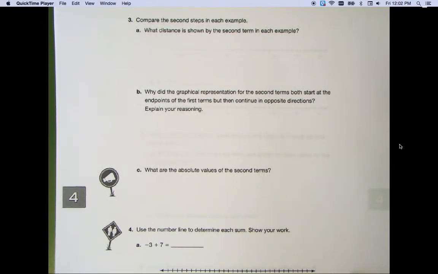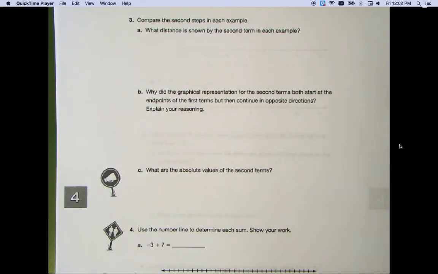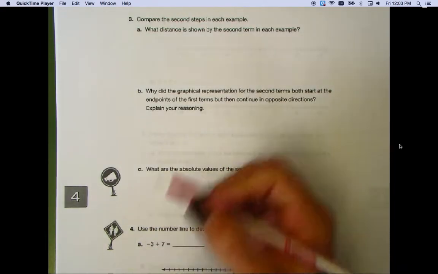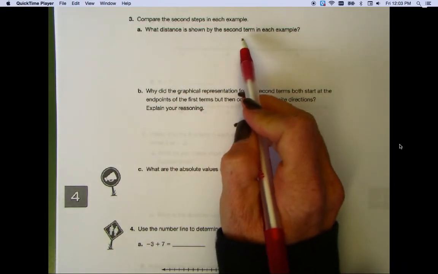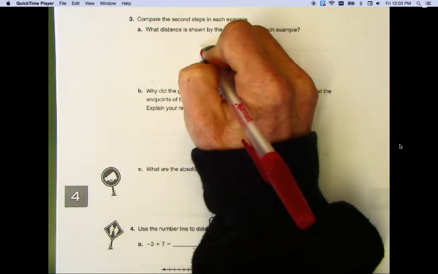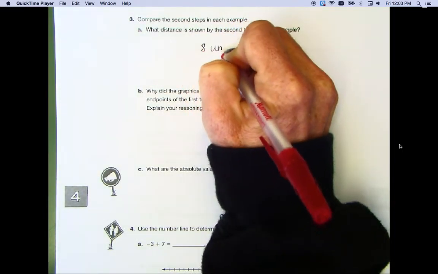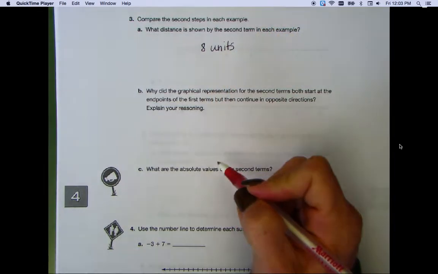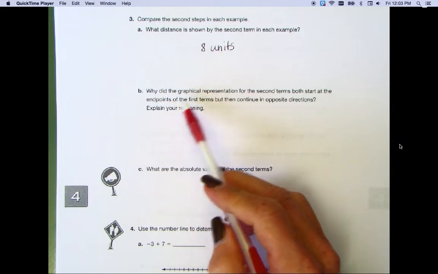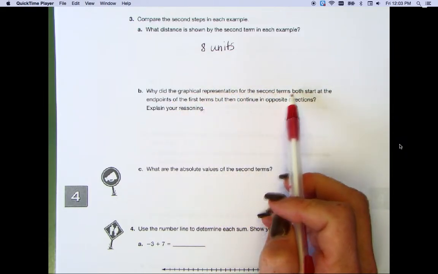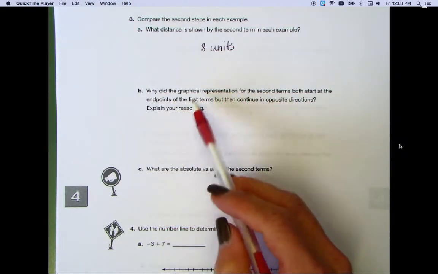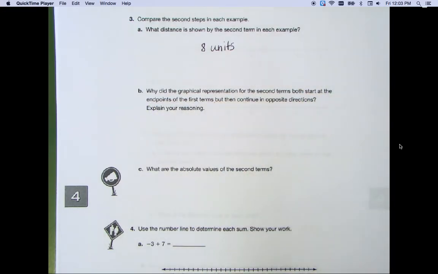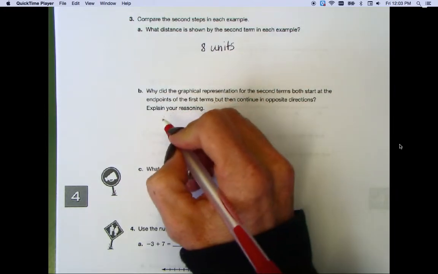So now we're going to compare the second step in each example. The second step, we either added 8 or added negative 8. So what distance is shown by that second one? It still was 8 units. In one of them, we moved 8 units to the right. The other, we moved 8 units to the left. What is the graphical representation for the second term? Why did they both start at the end point of the first term, but then continue in opposite directions?